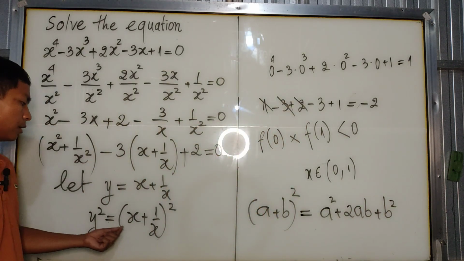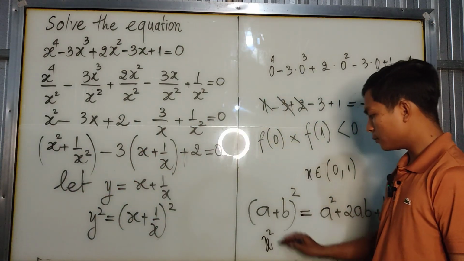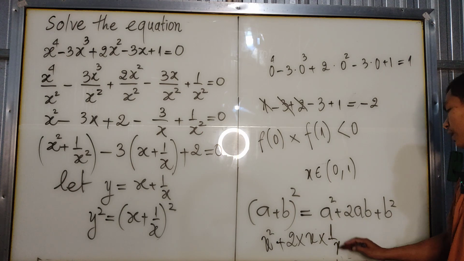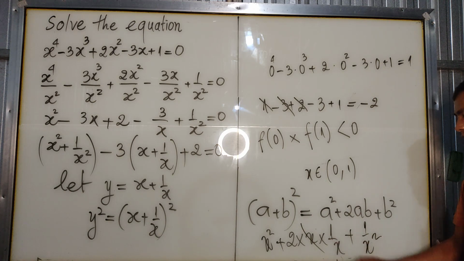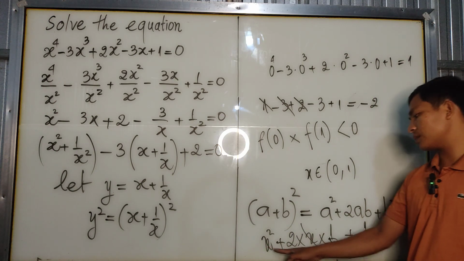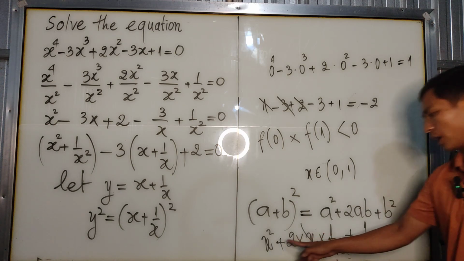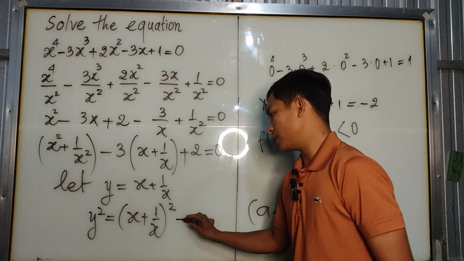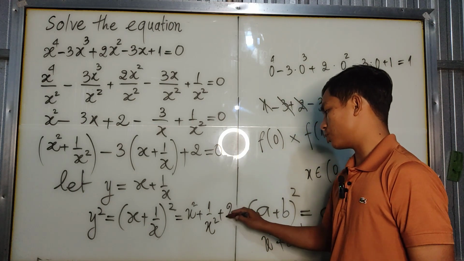So we get x squared plus 2 multiplied by x multiplied by 1 over x plus 1 over x squared. We simplify this, we get x squared plus 2 plus 1 over x squared.